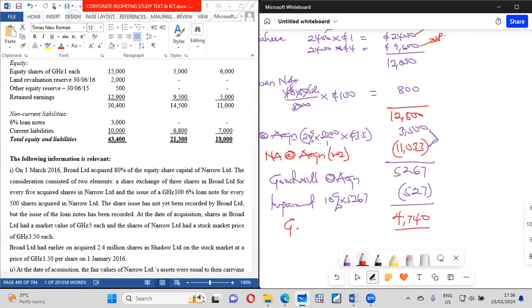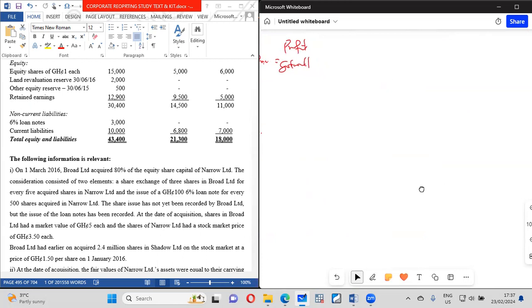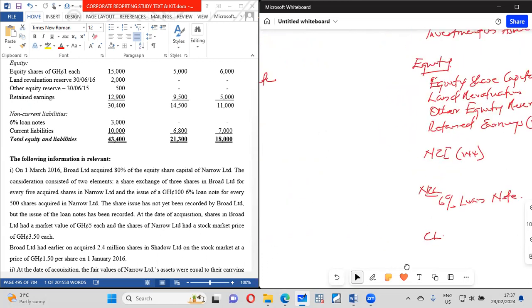So this is the goodwill as at reporting date. So quickly, I tell my students, once you get to this point, go back and start fixing your figures, because if they were to say stop work, you will get something.